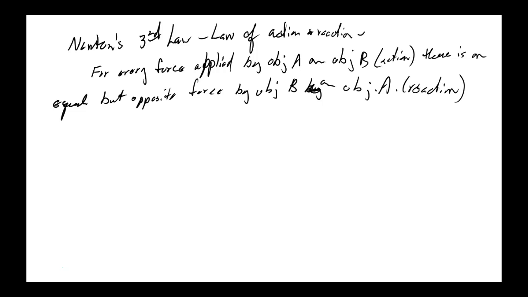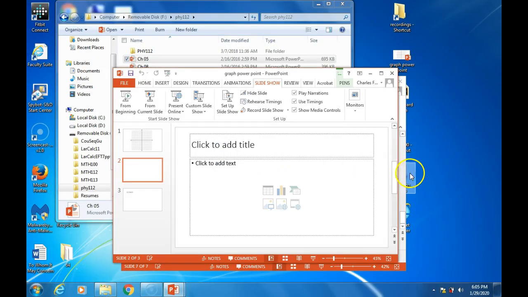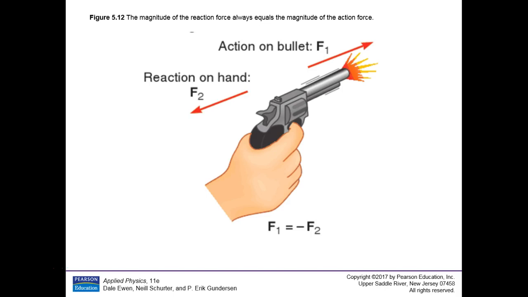This example here is a bit more violent, but true. Have any of you ever fired a weapon? Okay, some of you have. Pistol or a rifle or both.